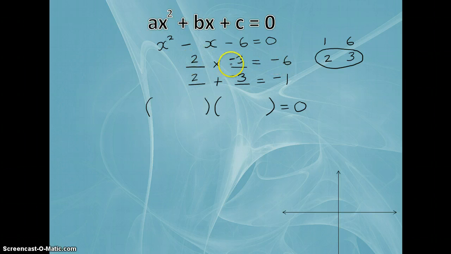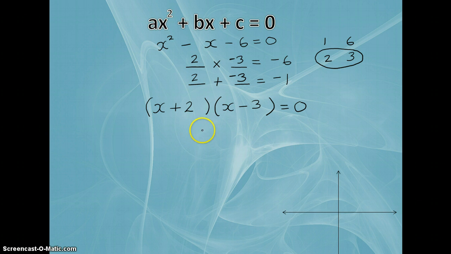So having found that 2 and minus 3 solves my little problem here, I now know that my two factorized brackets are x plus 2, I've got my plus 2 from here, and x minus 3, my second number. So that's how to factorize a simple quadratic when a is a value of 1.